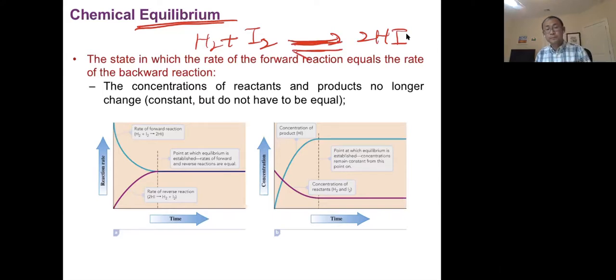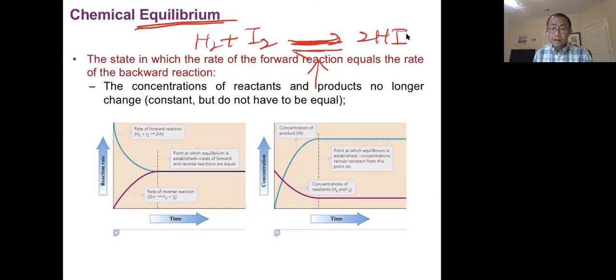Means the reactants can produce the product hydrogen iodide, and at the same time hydrogen iodide can go back to the reactants, decompose. You can see that forward is a combination, backwards is decomposition, by the way. But the reaction is reversible. That's why I use a double arrow.